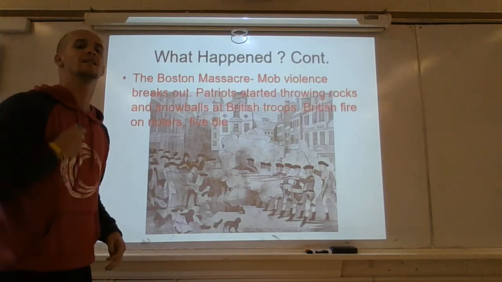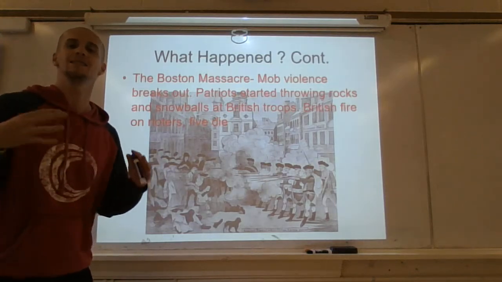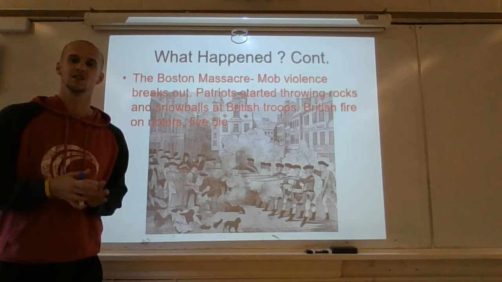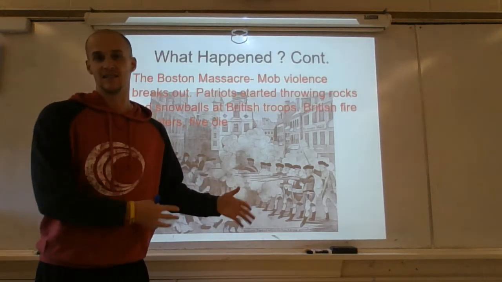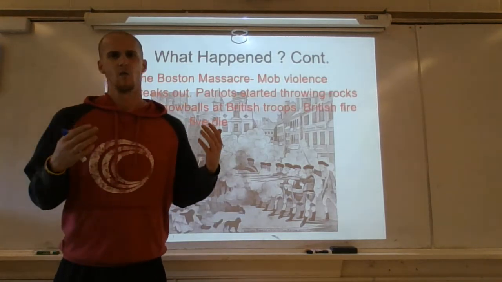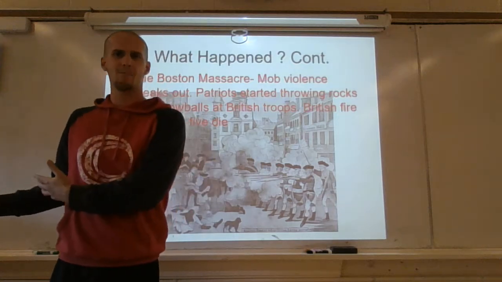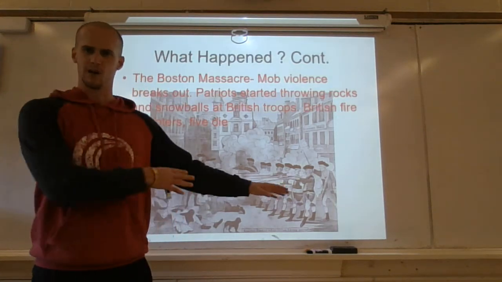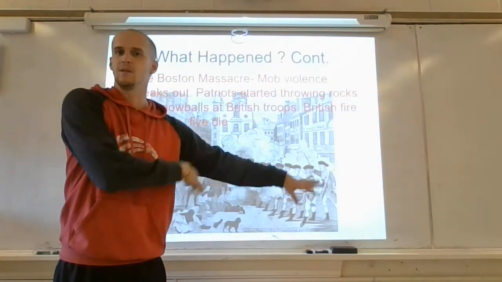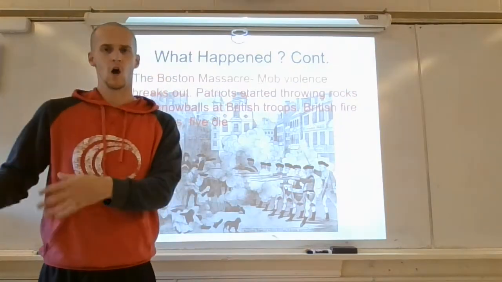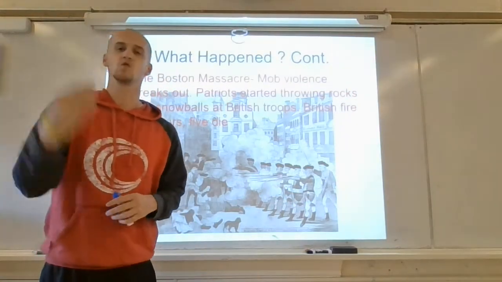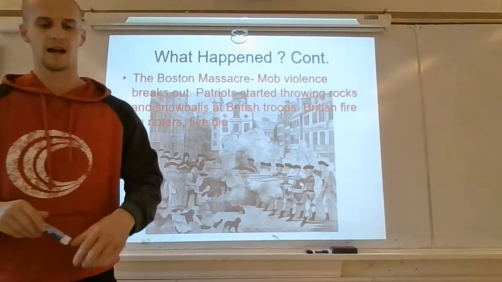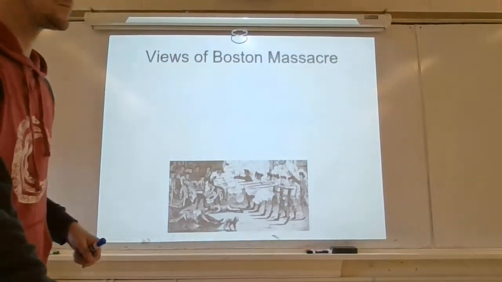And it becomes a rallying cry for the colonists, something that brings all the colonists together, because these other major cities start to realize, well, if that can happen in Boston, why can't it happen in our city? There are British soldiers here. What's keeping the British soldiers here from firing on us? And so it becomes a rallying cry to bring all the colonists together.